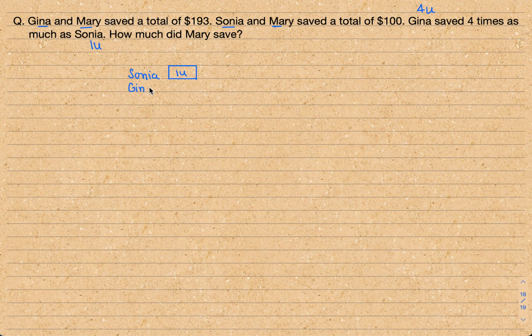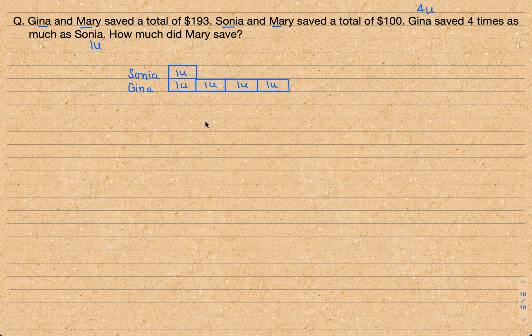We know that Gina is 4 units, so we need to draw a bar which is quite long so that we can say that it's 4 units. Let's divide it first. So it's 1, 2, 3 and 4. So Gina is 4 units.